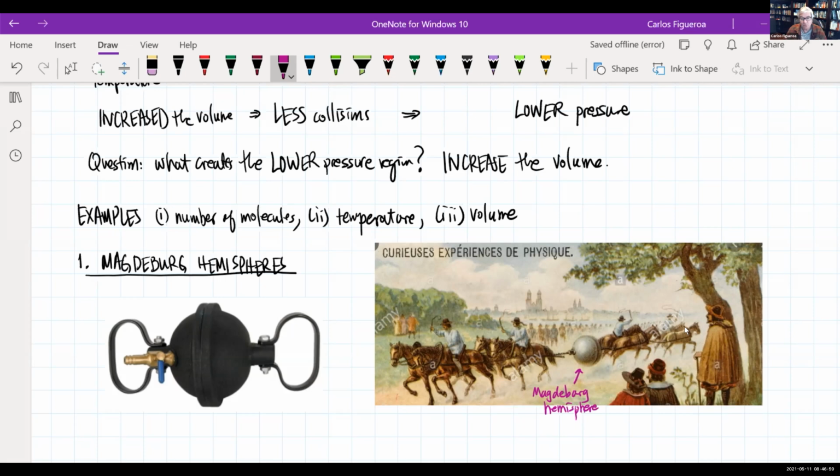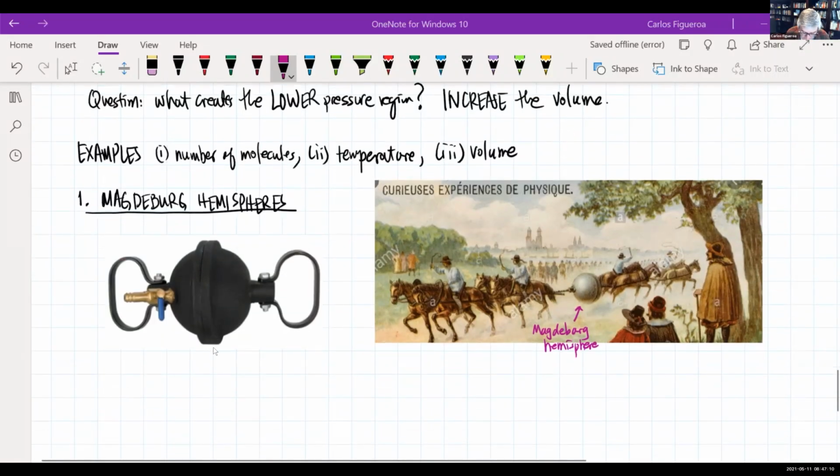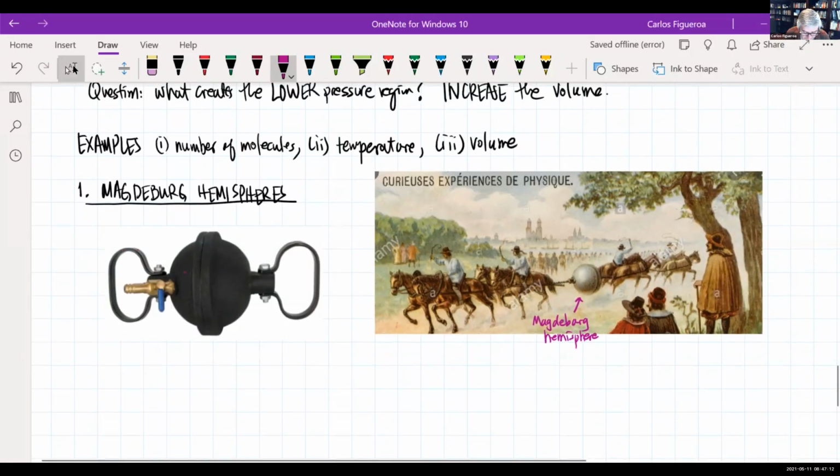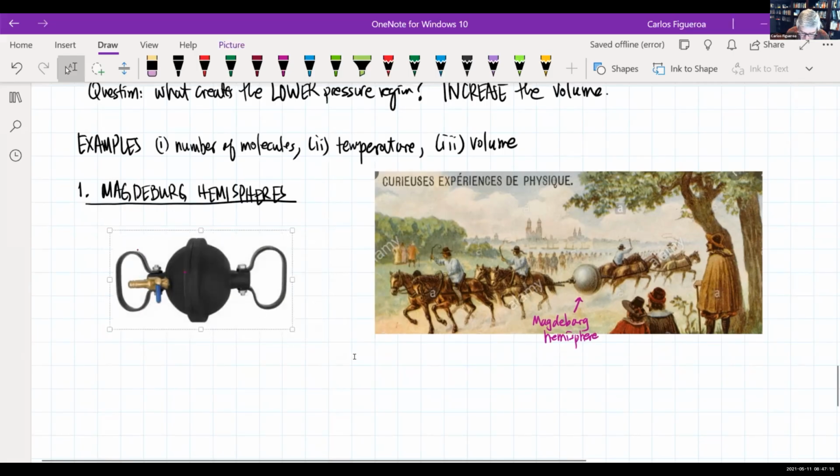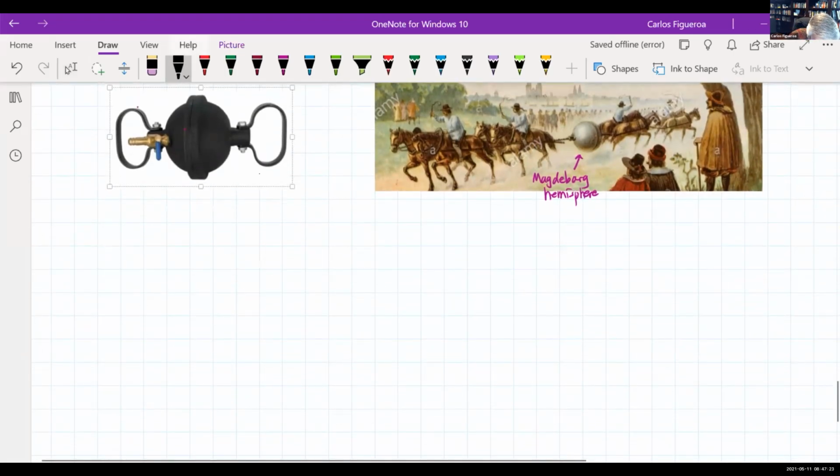So what you find here is that when you look at these hemispheres, they're two halves, okay? They're two halves. So it looks something like this here. If you take these hemispheres, you can actually split them apart. So if I come in here and start to draw them, you can split the two hemispheres apart.